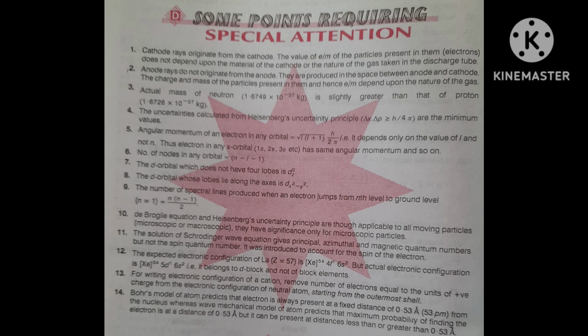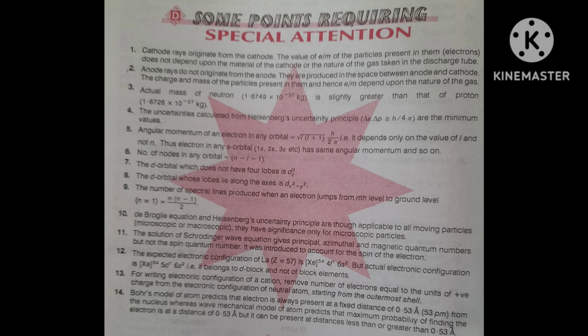But in cathode rays, it was not depending upon the gas taken in the discharge tube. Here in the case of anode rays, e/m depends upon the nature of the gas.